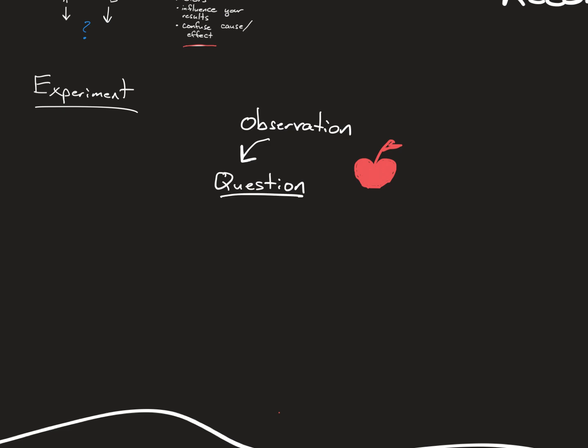So what else? What's the next step? You have a question, you have an observation, you have a question. What do you do next? Yeah. Hypothesis. That's right. You come up with an educated guess. You've made some observations. You're an educated individual. You know how things work as best you can. You understand what you understand and what you don't, because you're reflective.